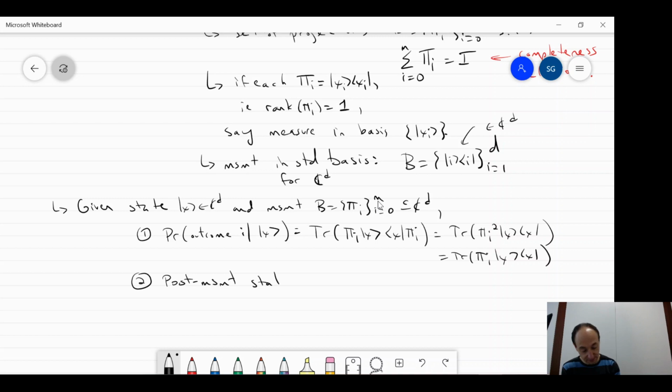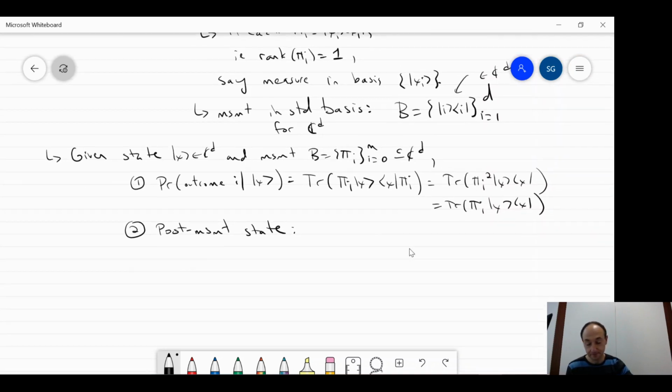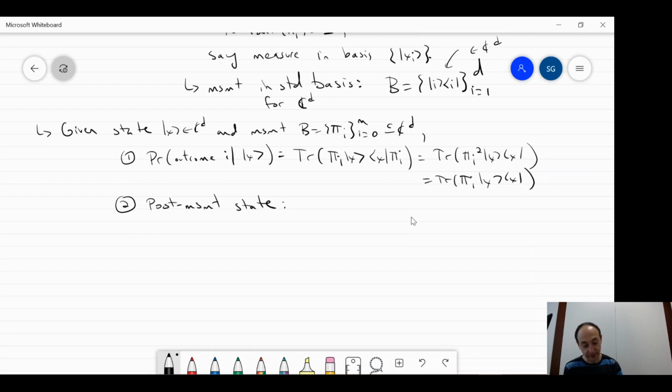Remember in quantum mechanics, when we measure, depending on the outcome, we change the system, in general. So the post-measurement state is the following, psi prime. I take the state I start with, and then upon outcome I, let's be clear, I got outcome I, so I project down onto pi I, whatever space that is.